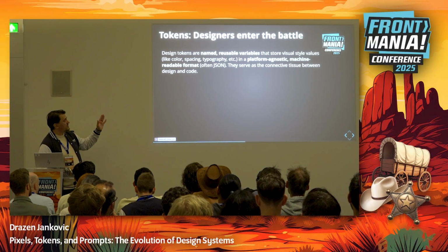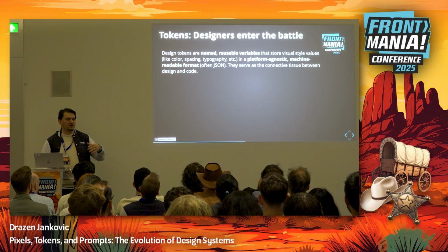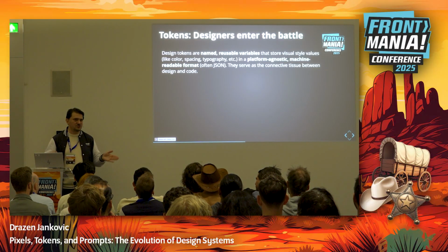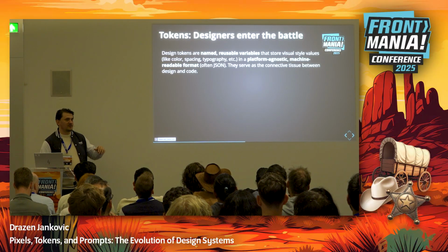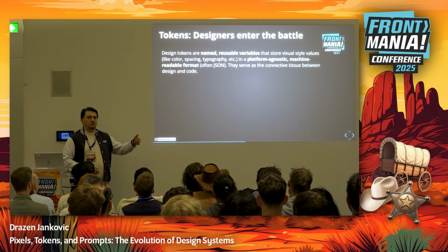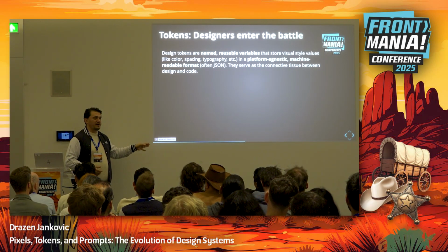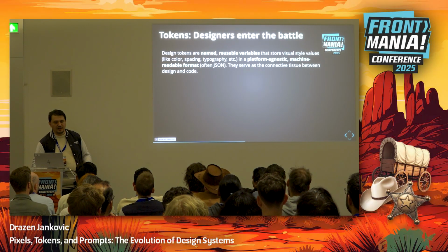First of all, quick definition, design tokens are just named reusable variables, whether you're using Figma or Sketch or whatever, if it has it, general name is just a token. It's platform agnostic, so it doesn't matter whether you're developing for an Android or iOS or for the web. If it's called background, it's the background. It should be clear on that.